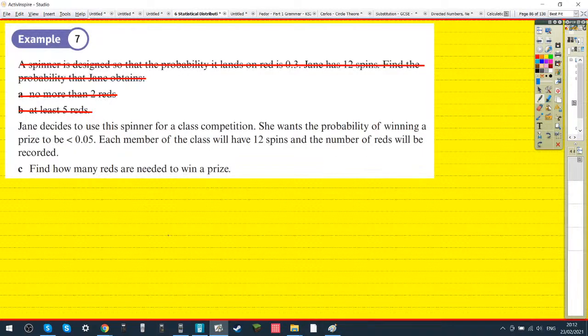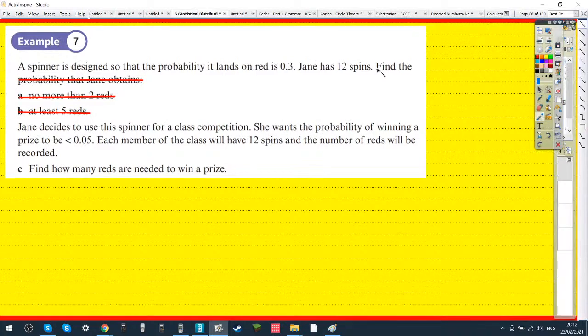Jane has a spinner. Yeah, let's try this one. Okay, I need to fix this. So should I do question C? Yeah. We already did A and B.